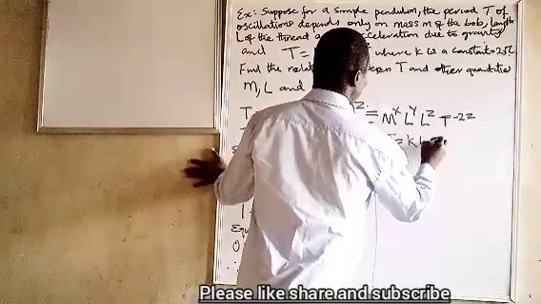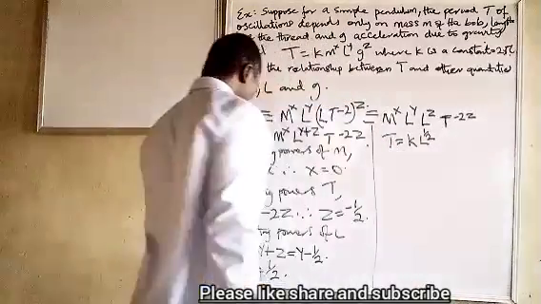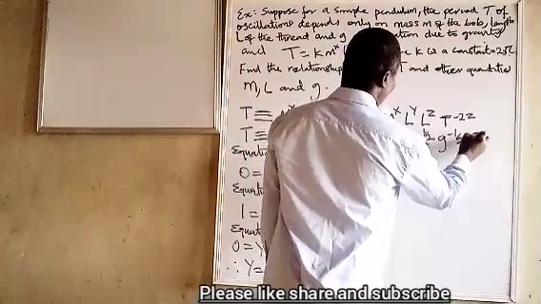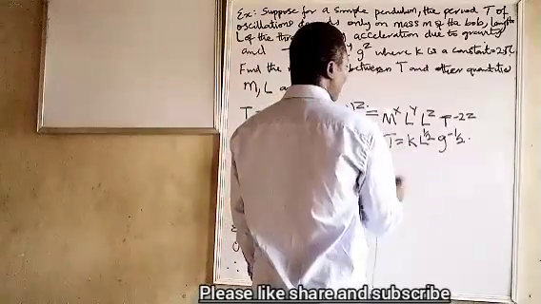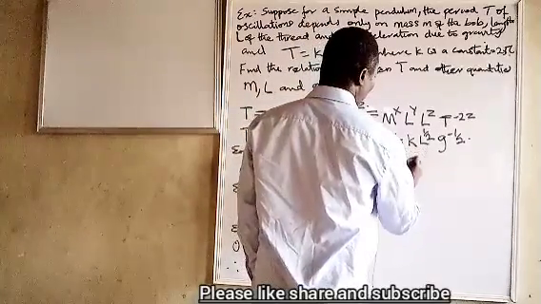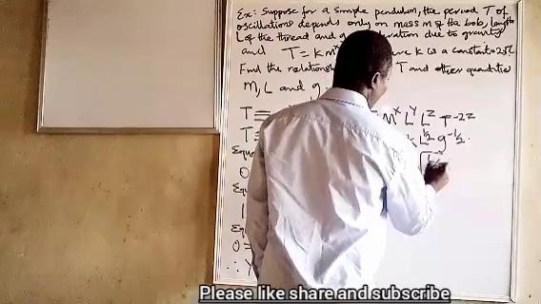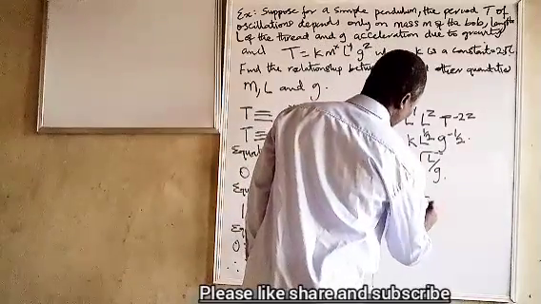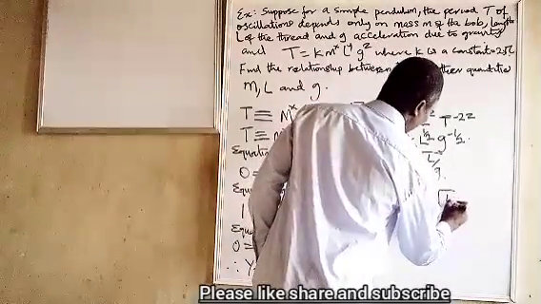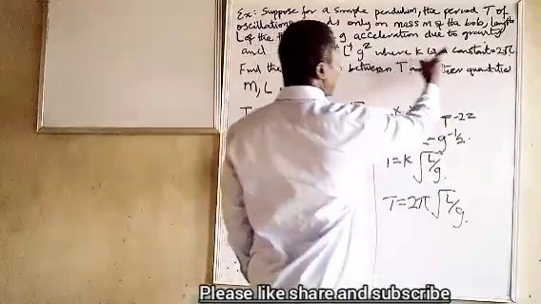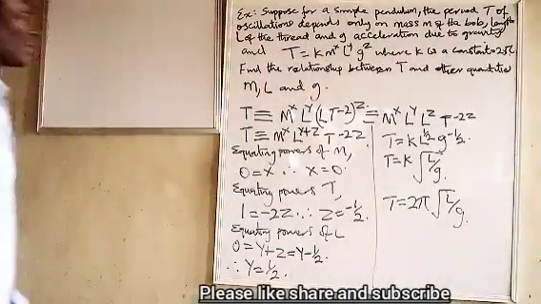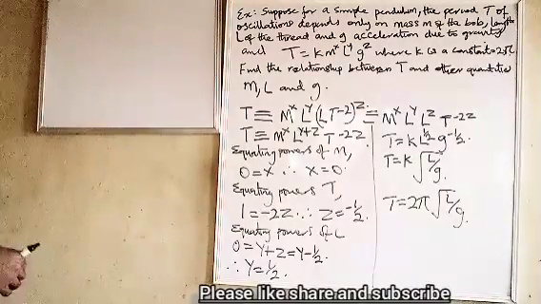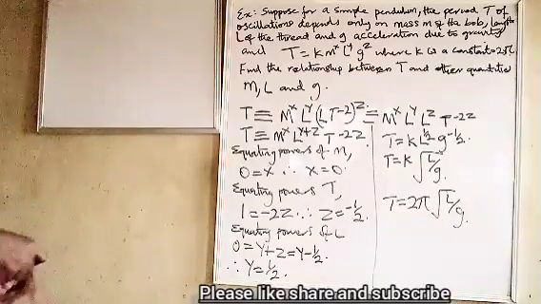So we have L raised to power half and G raised to power minus half, and T equals K times root of L over G. So T can be stated as 2 pi root L over G, because you have been told that K is constant, which is 2 pi. You can see it helps us get our relationship between T, L, and G.